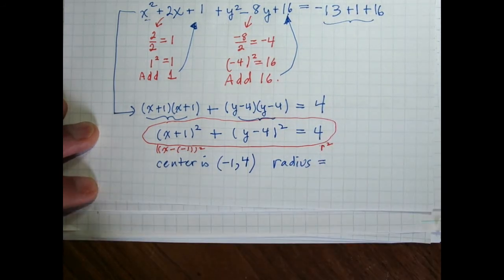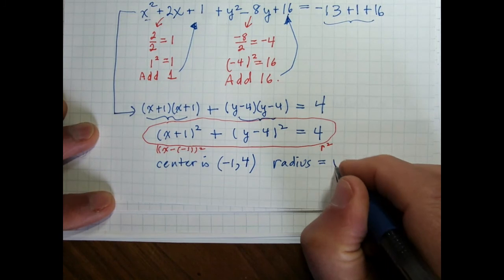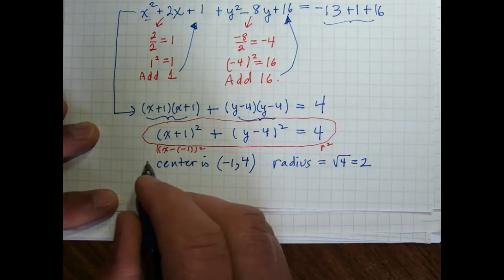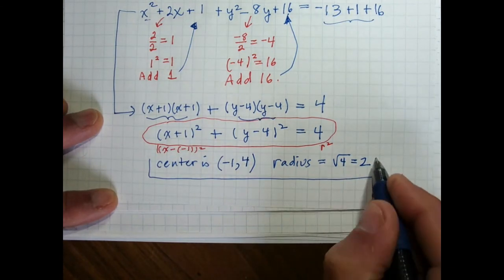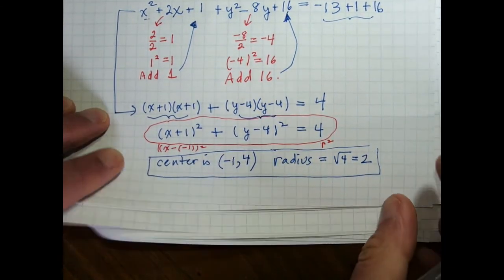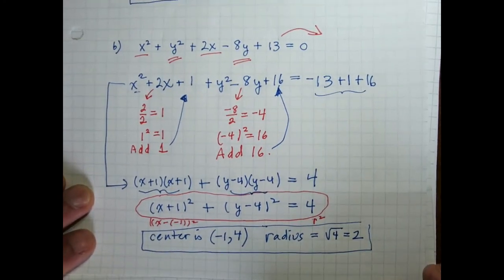So r squared is 4. The radius r is going to be the square root of 4, or 2. So there's the center in the radius of the circle in part B.